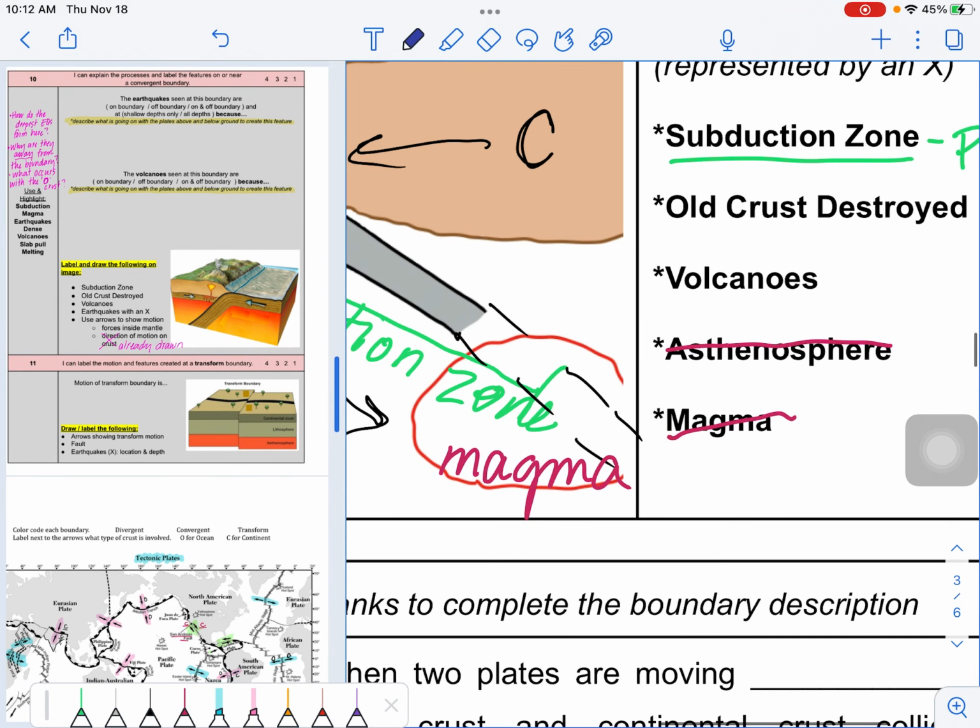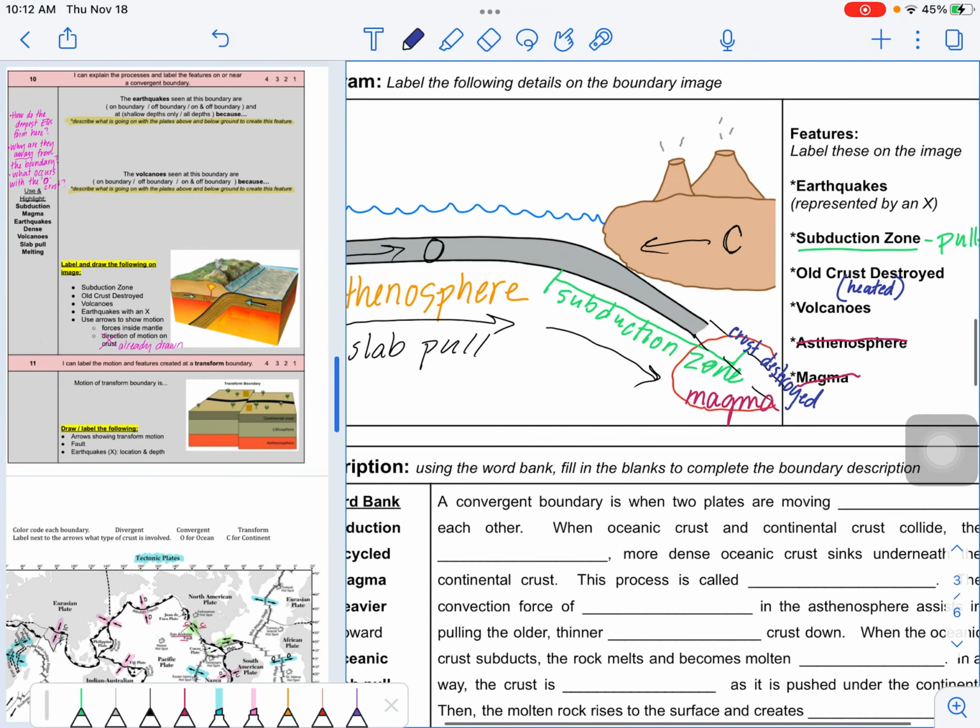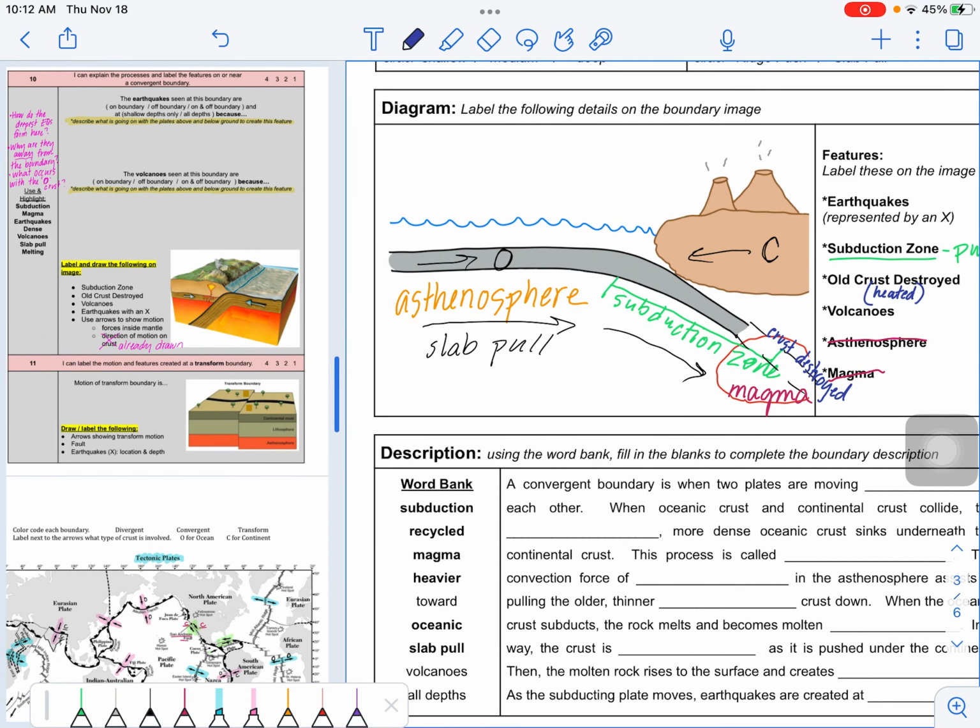I'm going to zoom way in for this one. So that crust gets destroyed by getting heated, being pulled down into the mantle. That crust is being destroyed, turning into magma. And that magma, along with the movement of subduction, is what fuels the earthquakes and the volcanoes at this boundary.